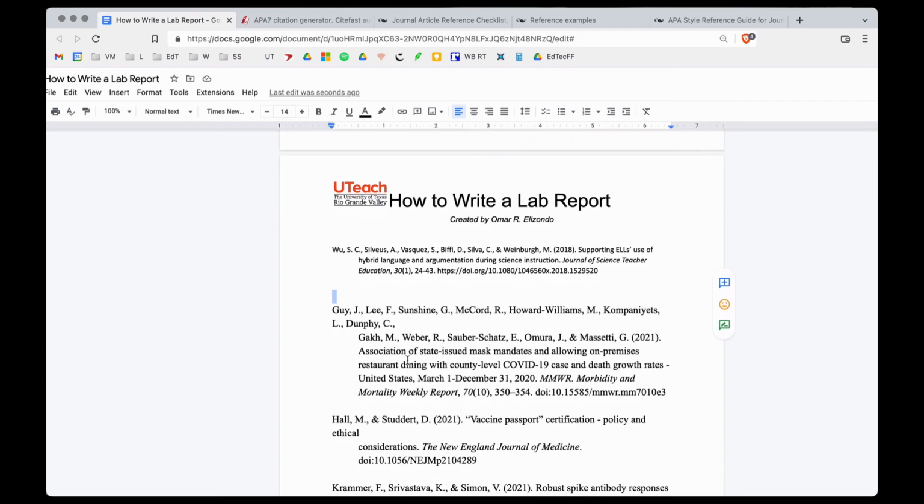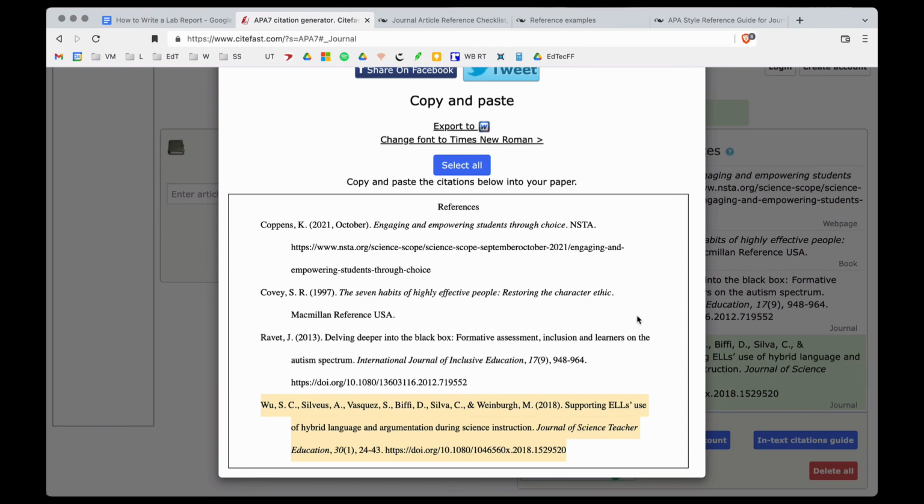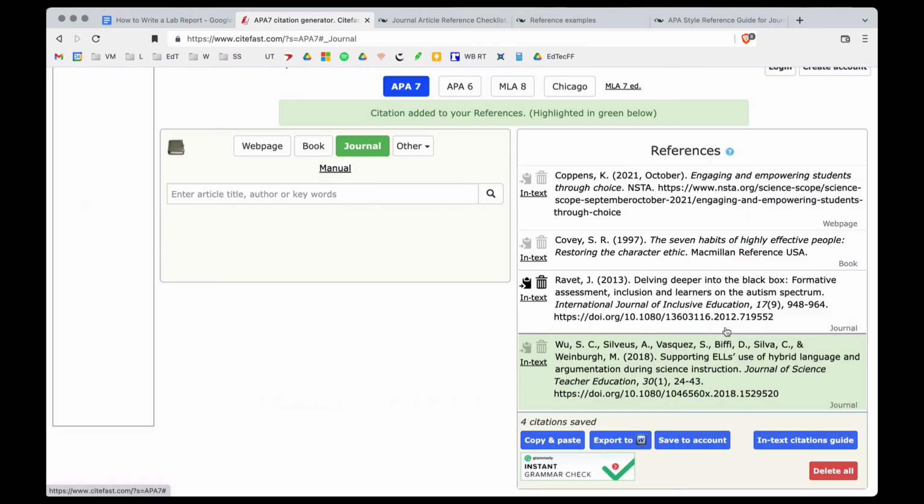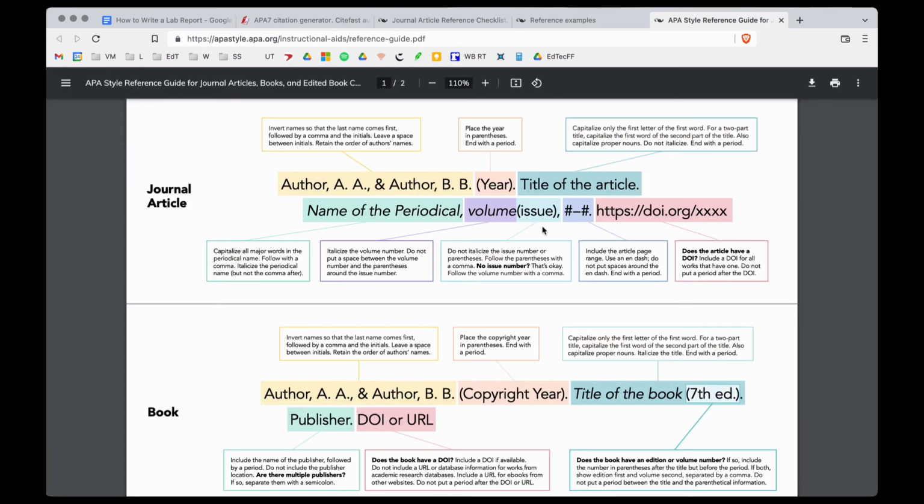So it looks like these other ones here. So use this APA site to help you with that. But compare the results from that with your cheat sheet so that you're doing it correctly. It's a lot easier to just check your references than it is to have to write your references.